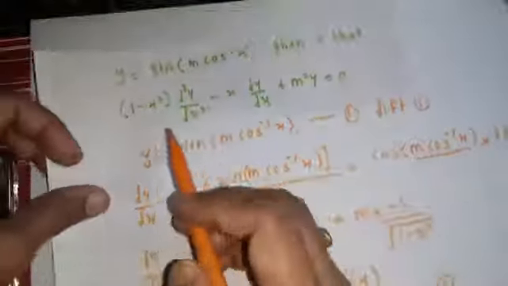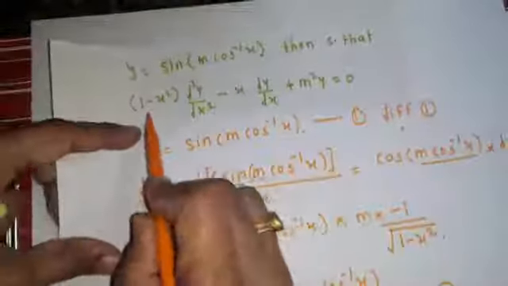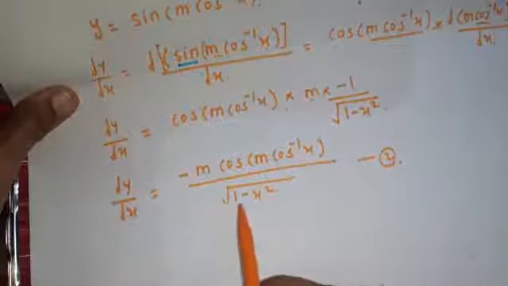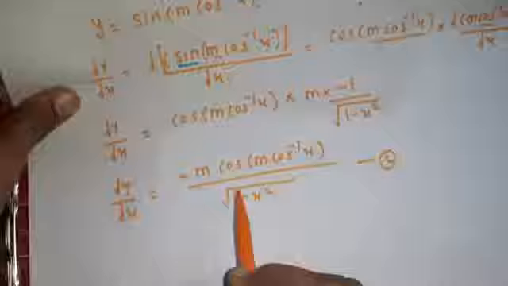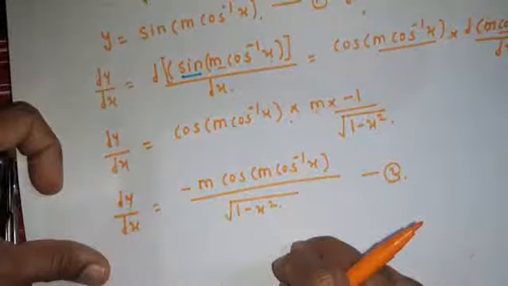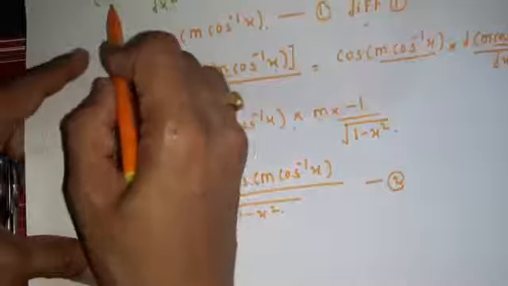But if we see the problem, we have to show this one. There is the term 1 minus x square, and here is the term square root of 1 minus x square. So to solve this, if we square on both sides of statement 2, we get the term here.